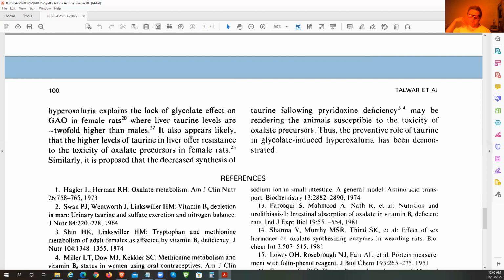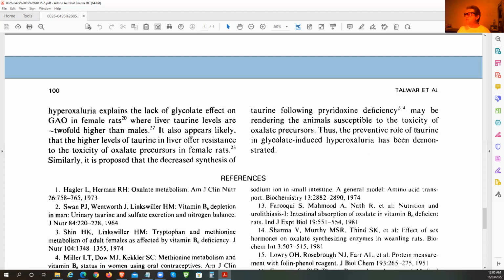Obviously, if you eat massive amounts, the body's not going to be able to handle it, but the small amounts that come from general food, we're not talking about idiotic things like spinach smoothies. We're just talking about general stuff in food that causes some oxalate. As long as you don't have a B6 and a taurine deficiency, you don't see this. Maybe rendering the animal susceptible to the toxicity of the precursors.